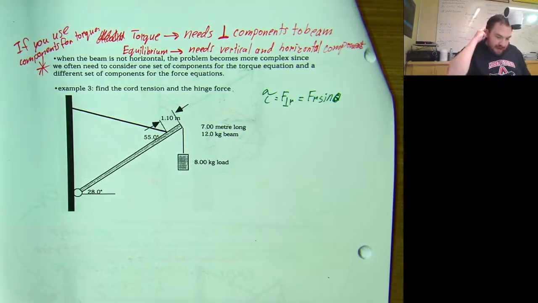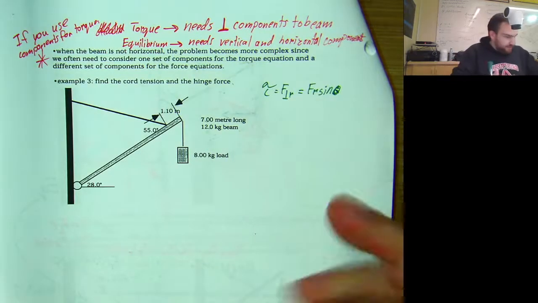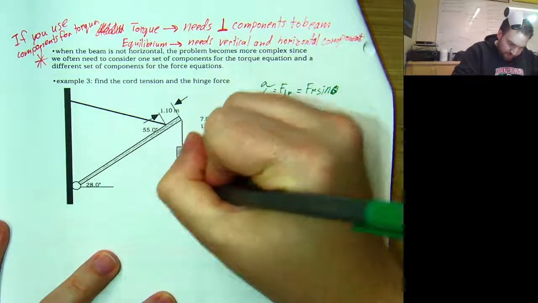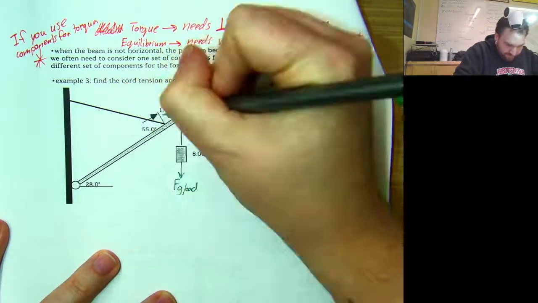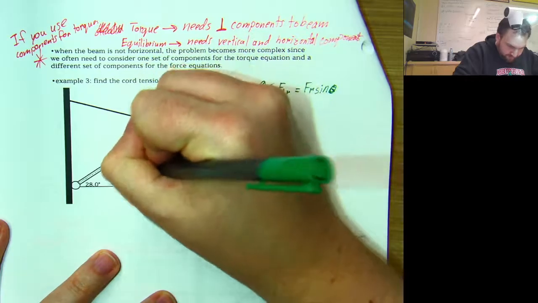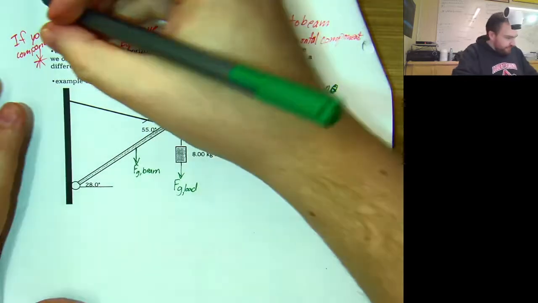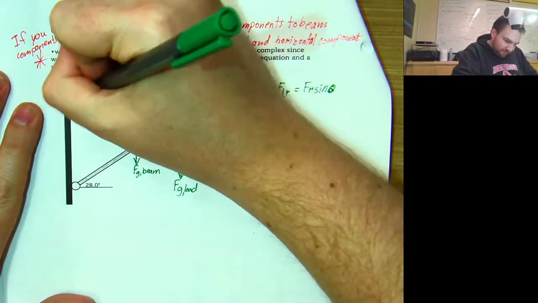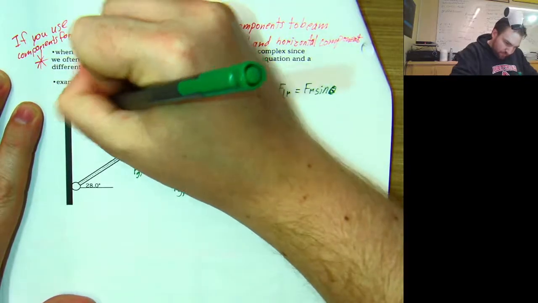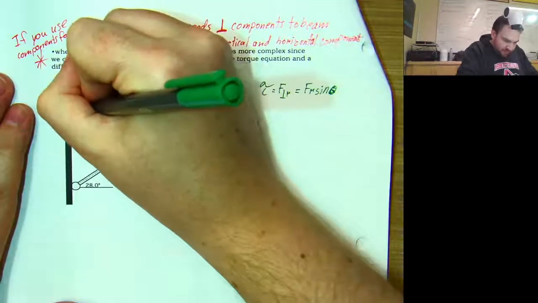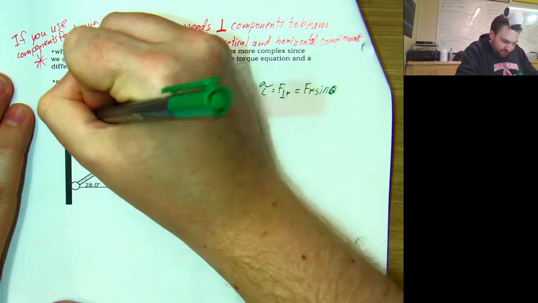Now, here we go. Draw our forces for a free body diagram. This one's going to have this FG load, and we're going to have an FG beam straight down. And I'm going to label it on the bottom here a force of tension.